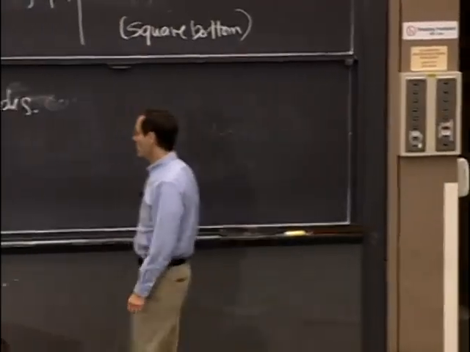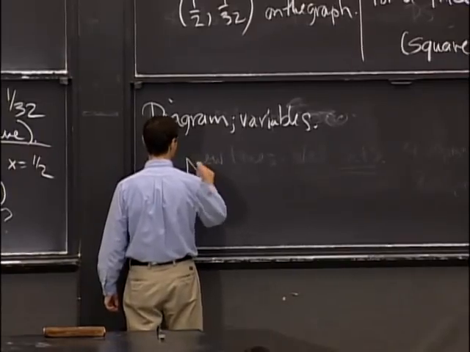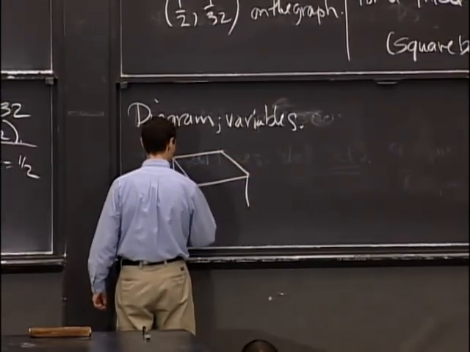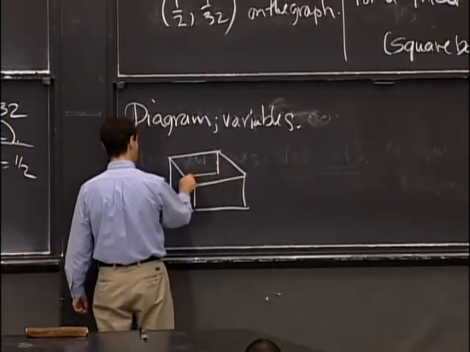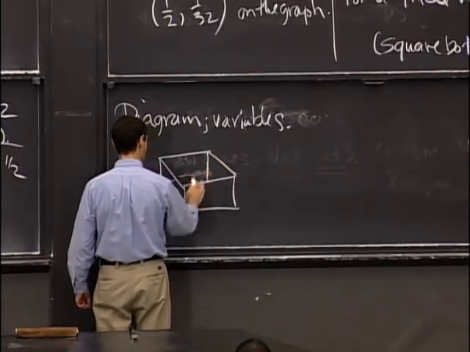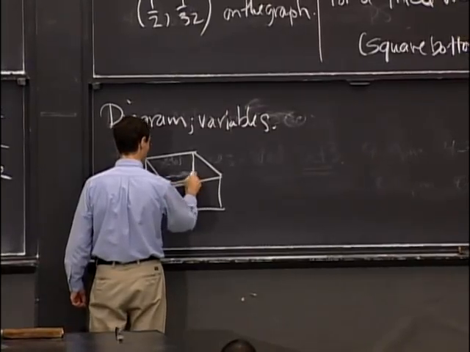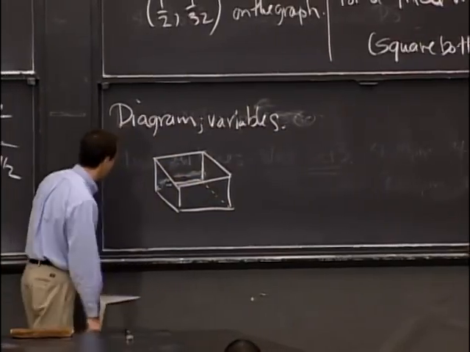So it's got a square bottom, and so let's draw a picture of it. So here's our box. Well, I guess that goes down like this. Almost. Maybe I should get it a little farther down. All right, so here's our box.